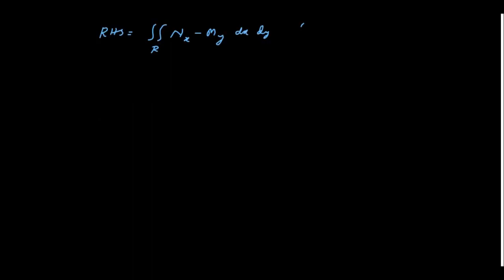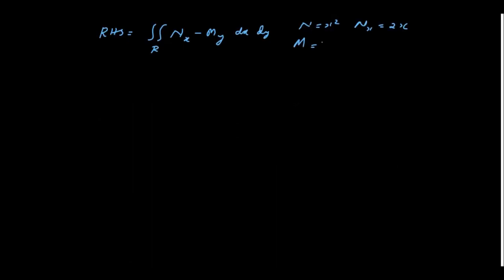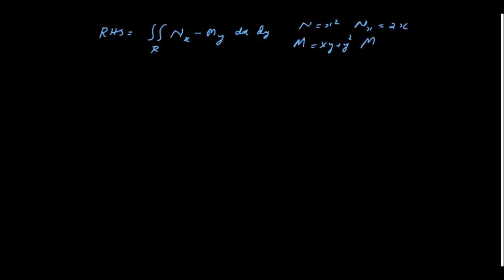So N is x square, and you can find Nx. Nx is equal to 2x. Then M is equal to xy plus y square. Let me see once again: xy plus y square. So My is the partial derivative with respect to y.